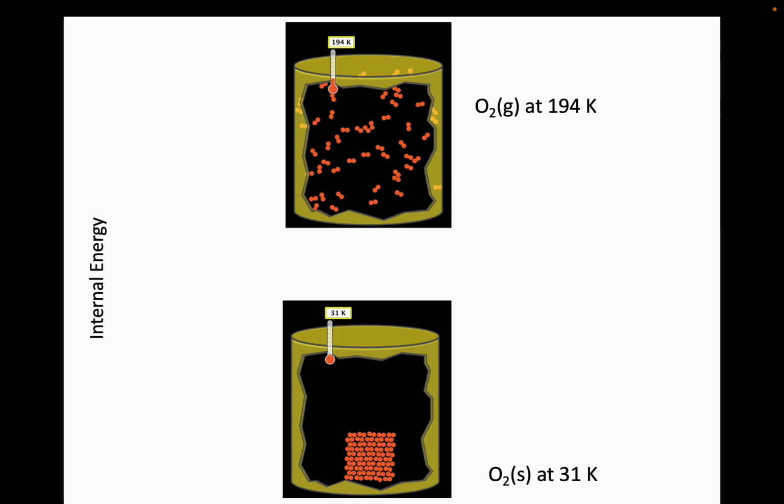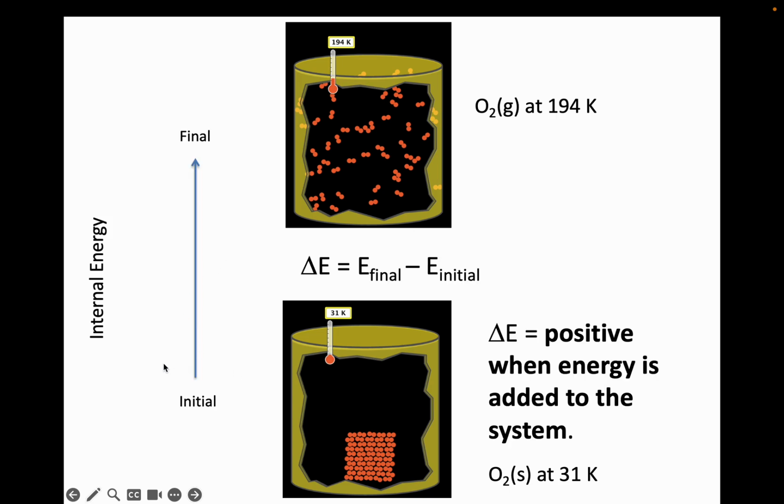So if I were to stack them up this way, O2 solid at 31 K has a lower internal energy than the O2 gas. If I was initially with the solid, I could add energy to raise the internal energy to reach the value for the gas here. If I were to do my math here of looking at the change, the final internal energy minus the initial, in this scenario it would have a positive value because I'm going from a smaller value to a larger.